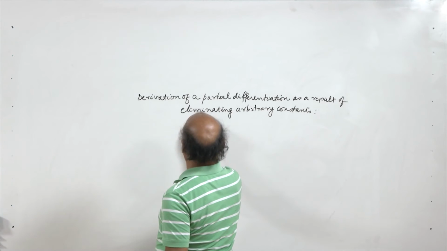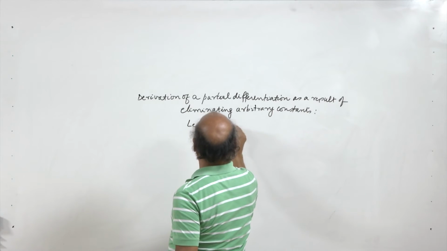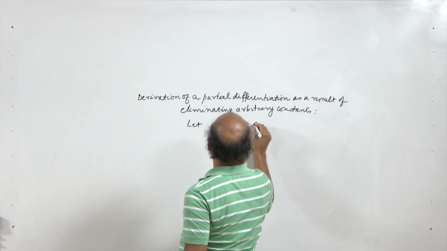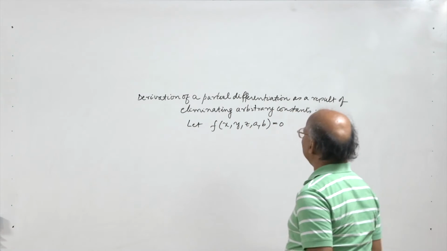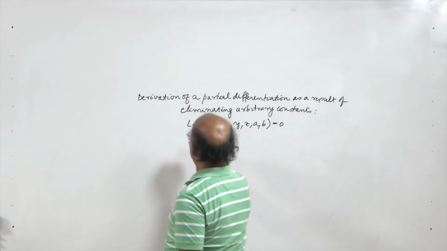So, let us say we are given a relation f(x, y, z, a, b) equal to 0, where a and b are arbitrary constants.